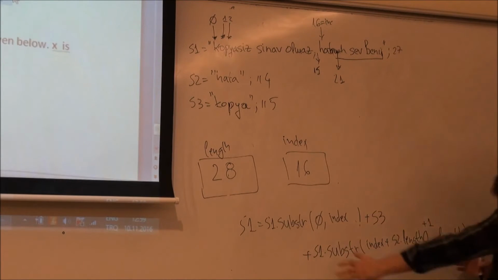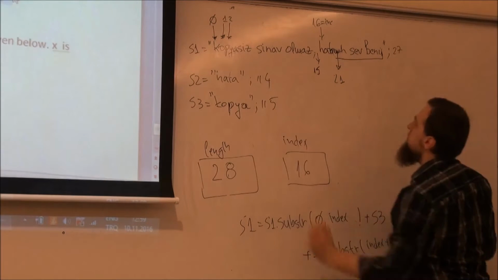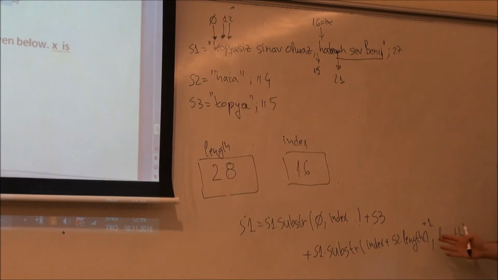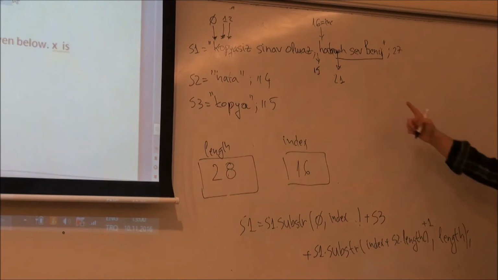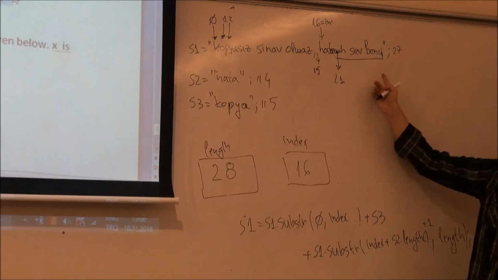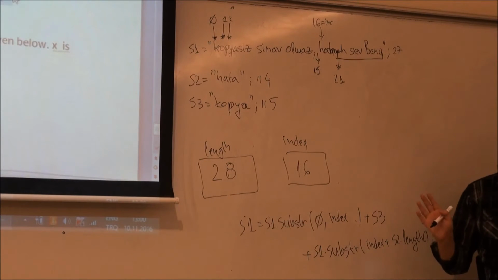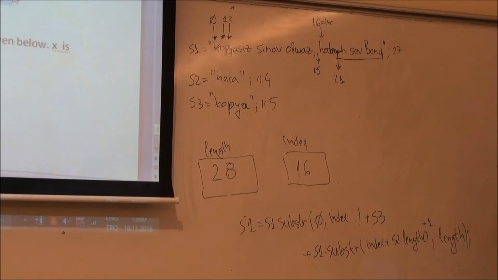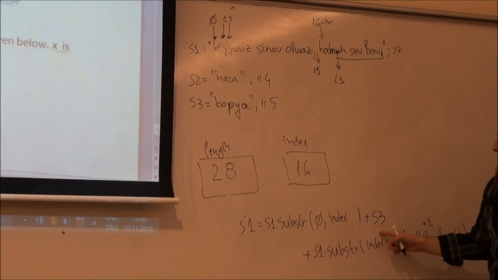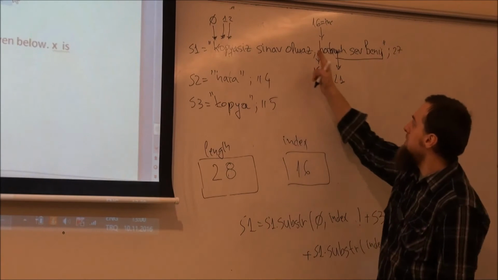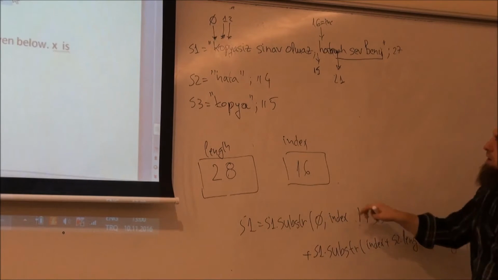I say the length. Length is the length of the initial string. Although, if the length is 30, I'm not going to take 30 characters since I have only 10 left, but I'm going to go to the end. The better solution would be if I say length minus blah, blah, blah, blah, but we're not going to bother with that for the time being. Okay? So after this stuff, S1 is this substring here, plus S3.